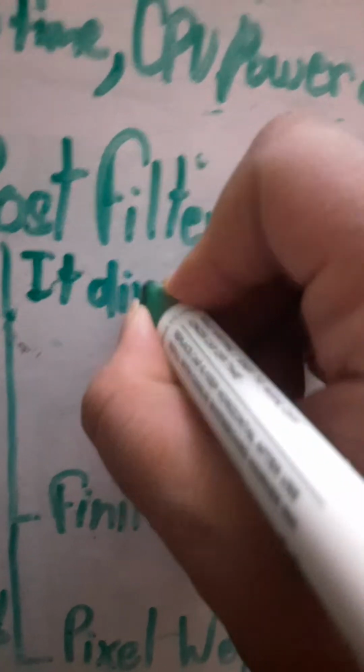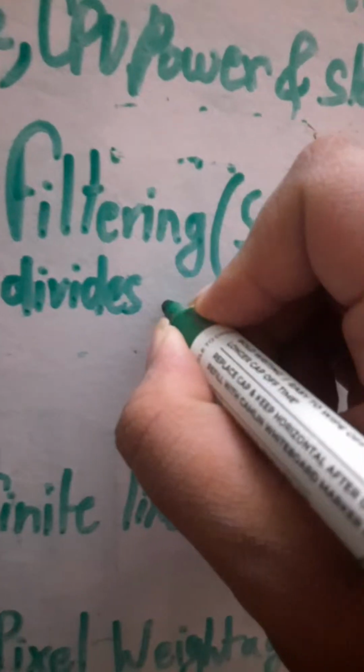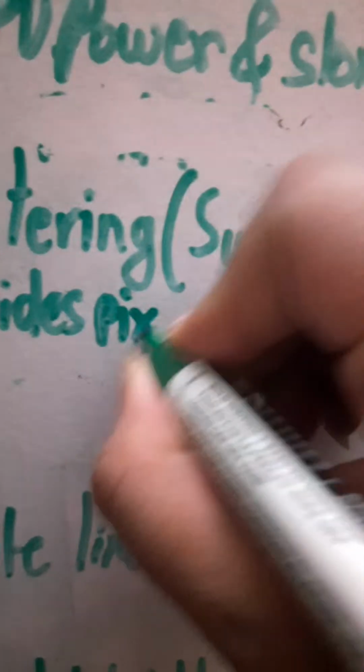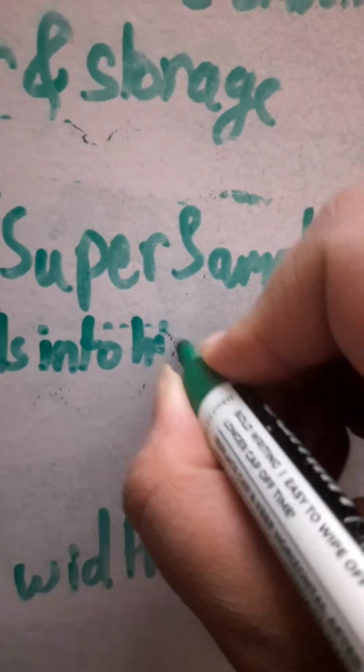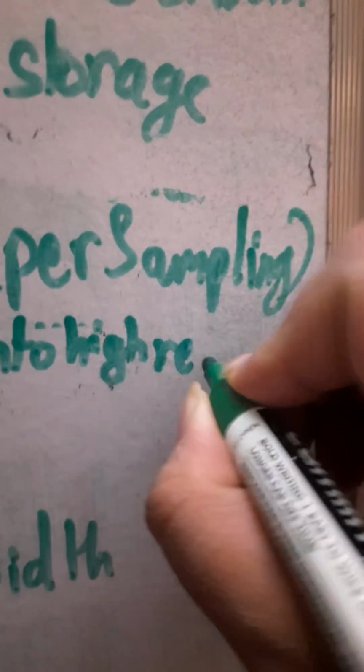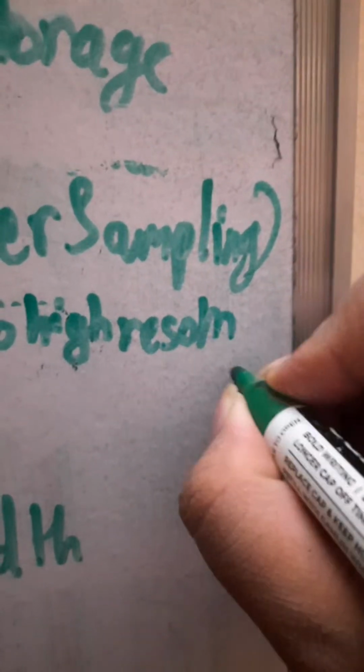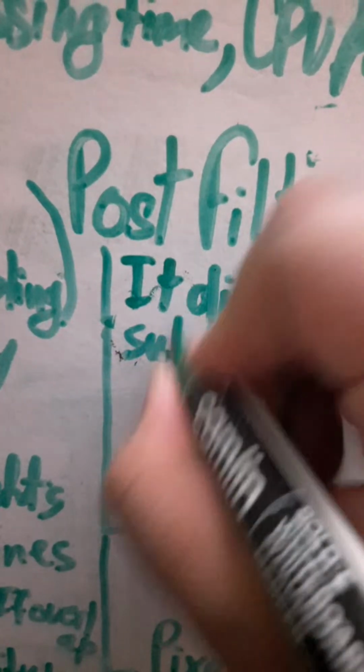Zero line width. So what this post filtering does is it divides pixels into high resolution subpixels.